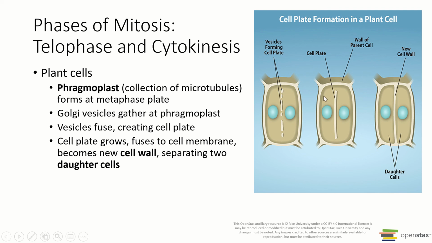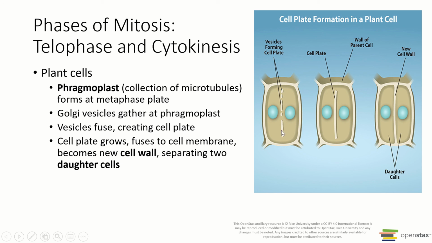The vesicles all fuse together to create a cell plate. The cell plate will grow up to be a cell wall, but it hasn't reached the plasma membrane yet. Once it reaches and fuses with the plasma membrane, then it grows up into a cell wall.